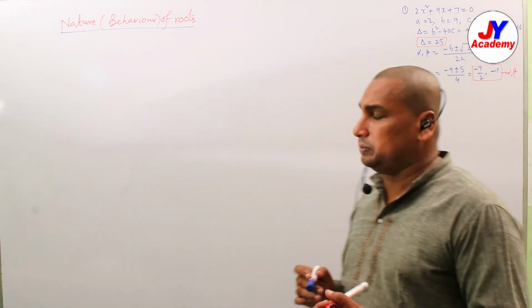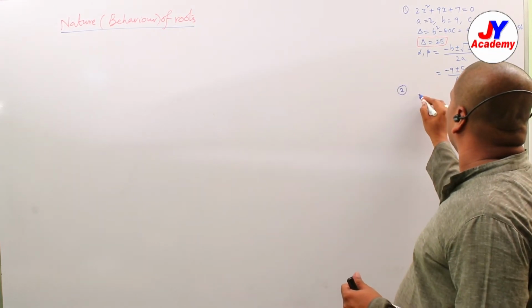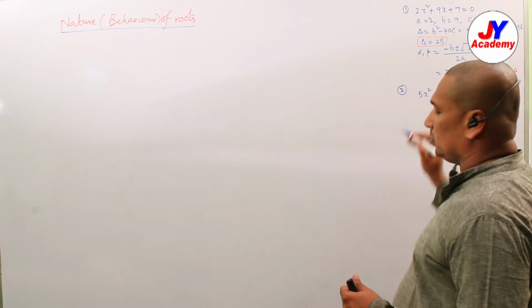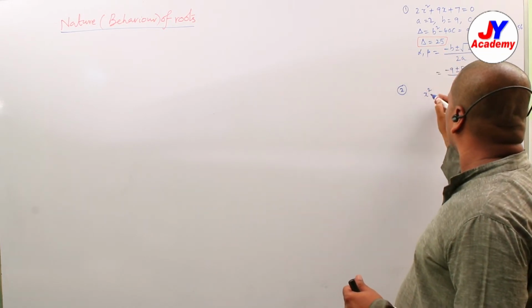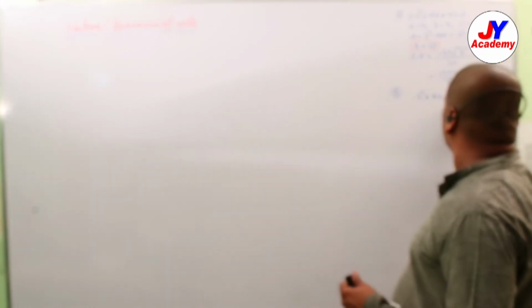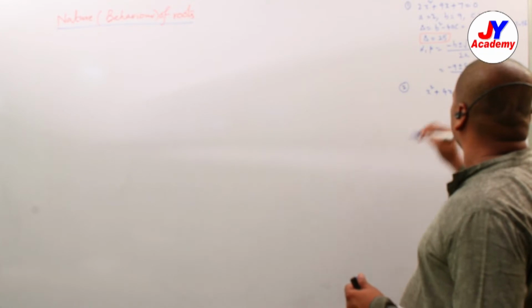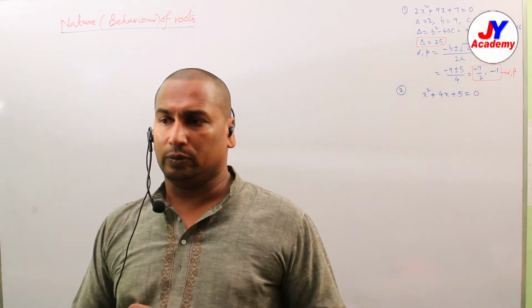Now we will see the second example. x square plus 4x plus 5 equal to 0.